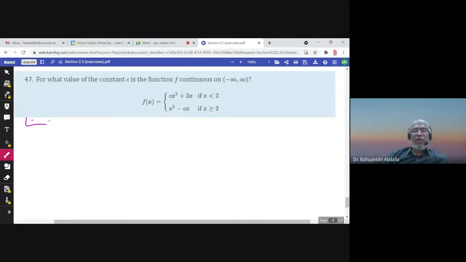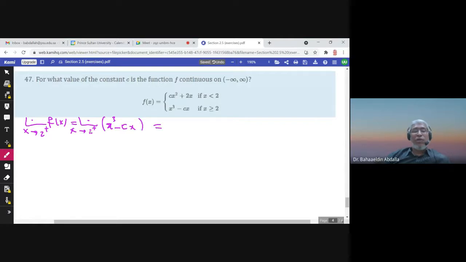So let me find the limit of f of x when x approaches 2 from the right. Well, from the right, what would be the definition of the function? We need x greater than 2. So it would be x to the power 3 minus cx.